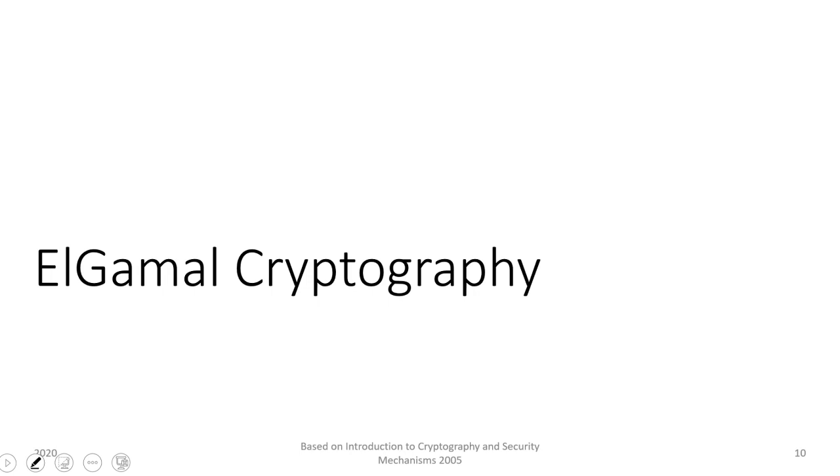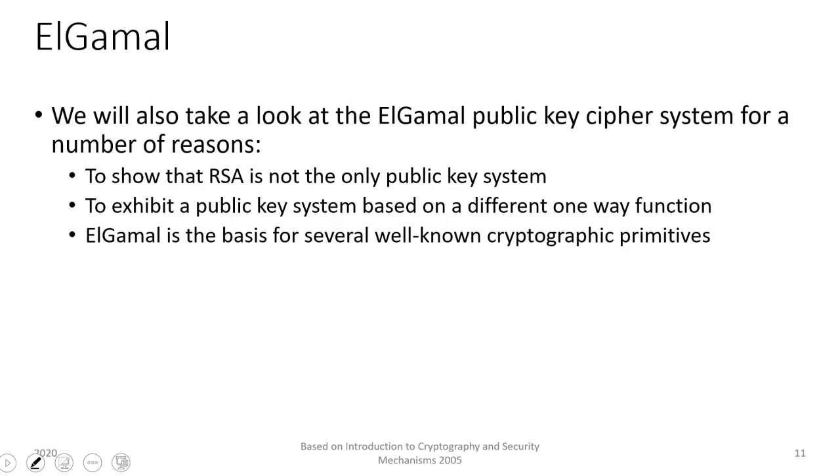The next topic that we are going to discuss today is known as ElGamal cryptography. ElGamal is another public key cipher system, similar to RSA, or rather, an alternative to RSA. One of the main reasons we look at ElGamal is to understand that RSA is not the only public key system that we would use.